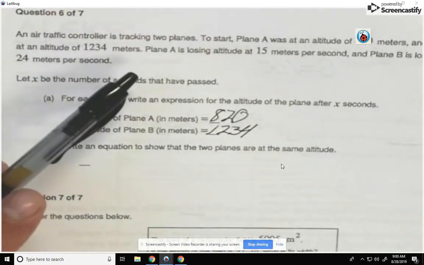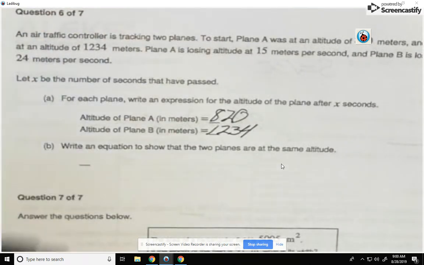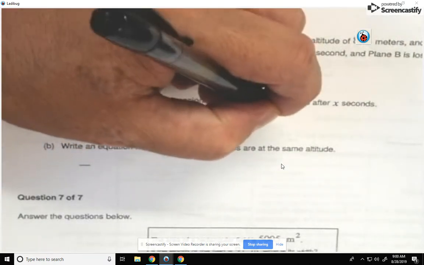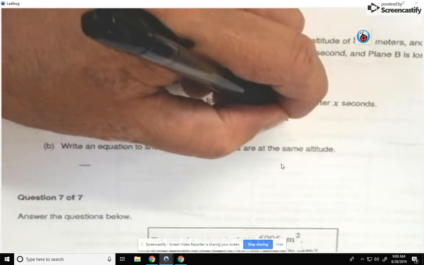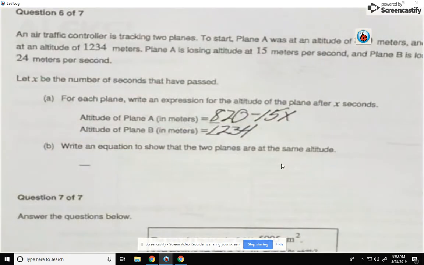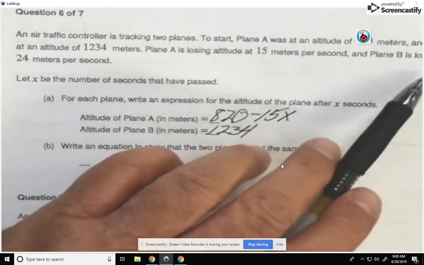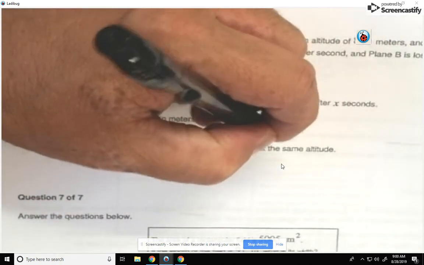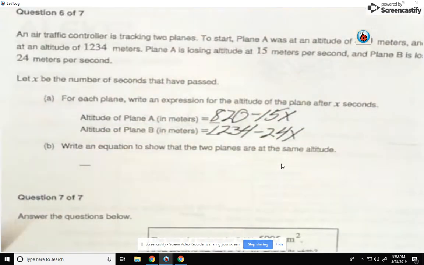We're then told that plane A loses altitude at 15 meters per second. So that's minus 15, and per second tells us we have to multiply, so we use x. Plane B is losing altitude at 24 meters per second, so that's minus 24x.